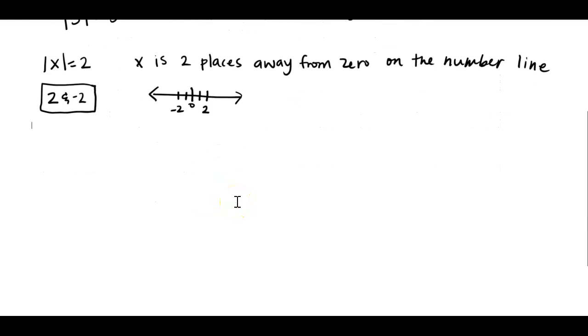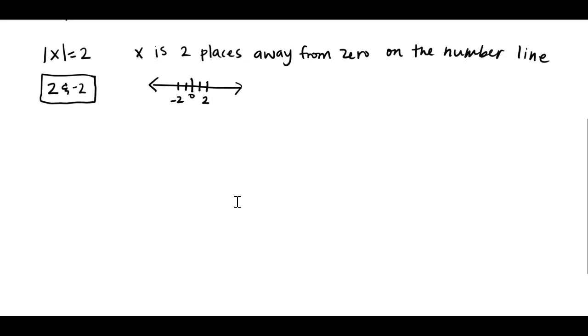And then maybe, thinking about this a little bit more, if you were asked to find the absolute value of x equals -5, well, again, we can't go -5 units away on the number line, because this has to be a distance, and so the absolute value can't equal a negative number.